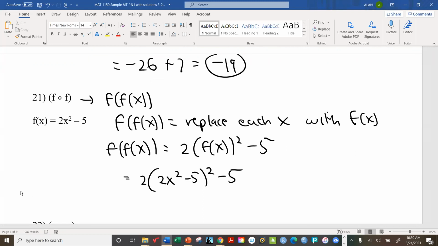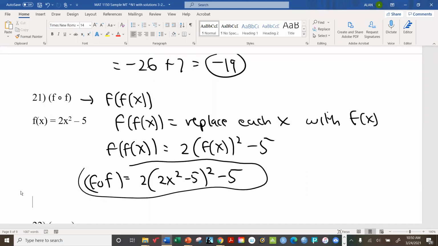So this f of f thing equals all of this. It's just notation. It's called a composite function, f with itself. Sounds weird, but yes, it's a function of itself. It would be kind of like saying, take the square root of the square root, that kind of thing.